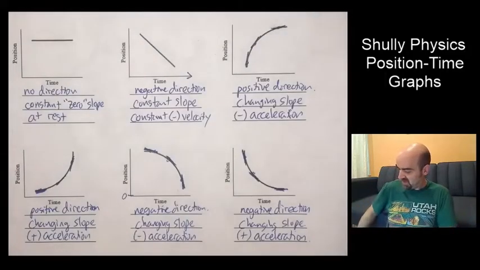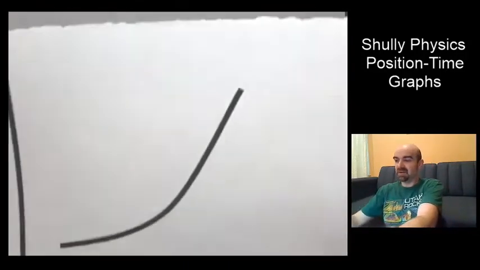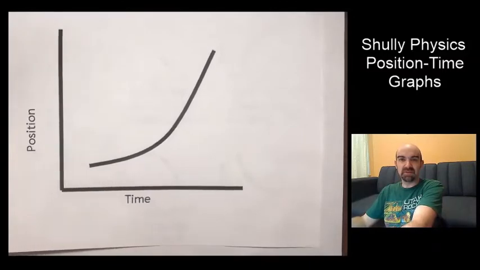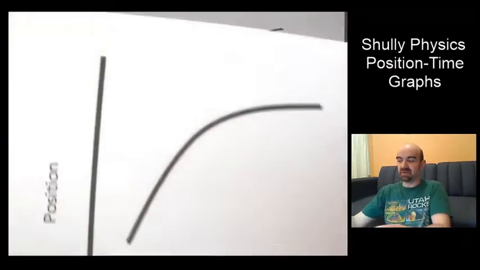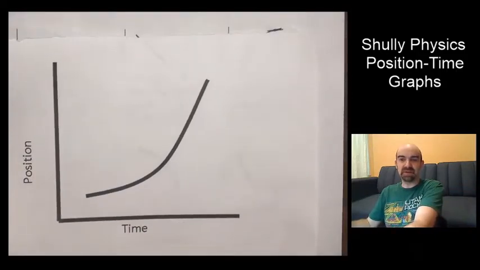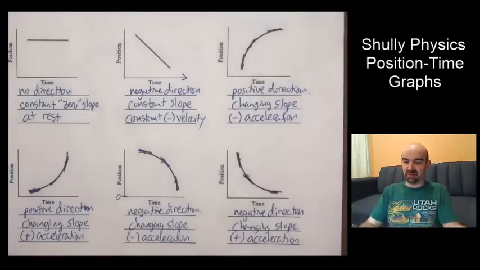And finally, we have a negative acceleration. See how the slopes increase? Here the slopes decrease over time. So this is a positive change in velocity and a negative change in velocity. All right.